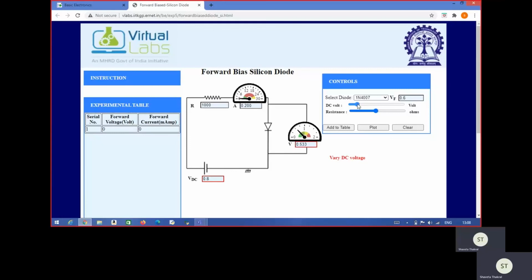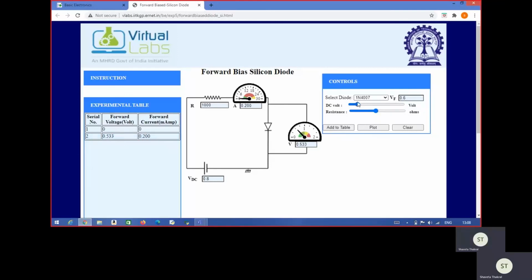And if we increase the value further, we can add it to the table because the forward current rises after the 0.5 volt, as the cut-in voltage of this diode is 0.6 volts. So this is the ideal value of cut-in voltage, and practically it lies in the range between 0.5 and 0.6. So we can see here the current starts to increase at this voltage.